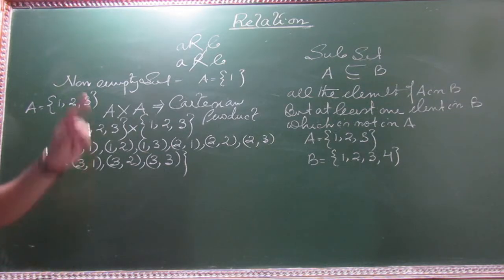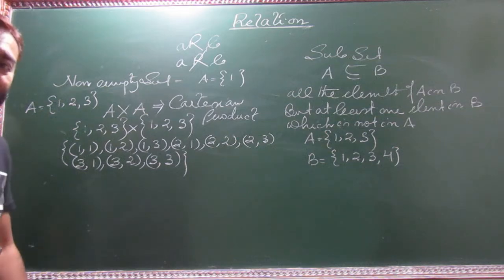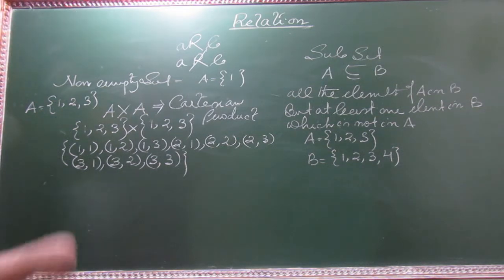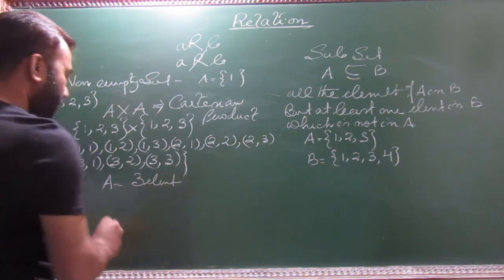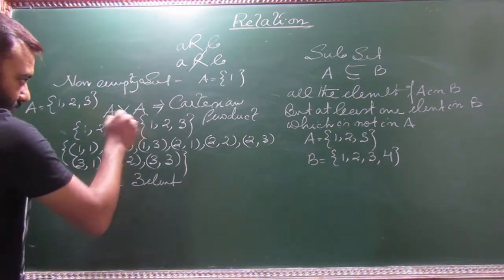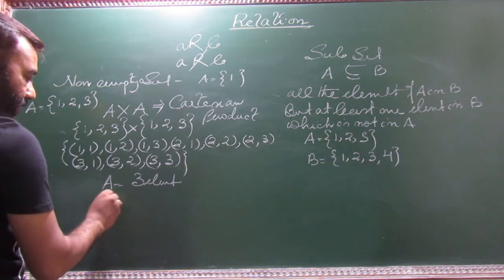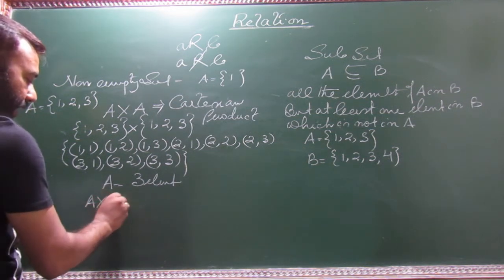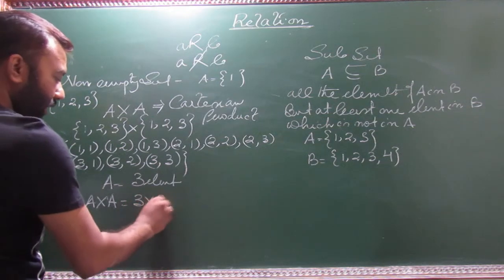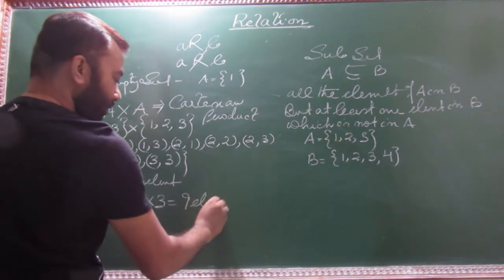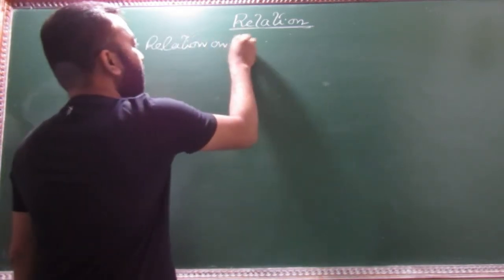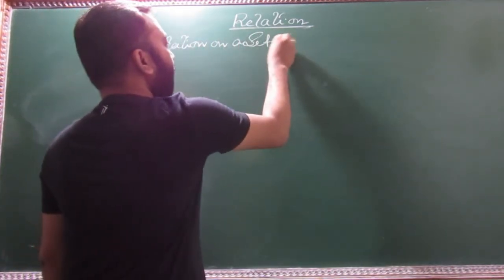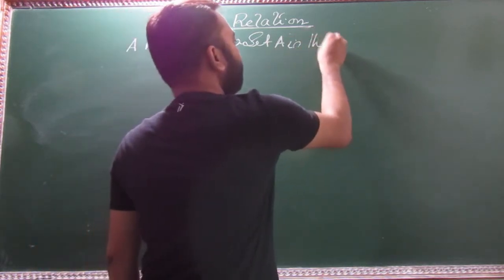And in 11th class there is a formula for finding the number of elements in the Cartesian product. If A has 3 elements and the other also has 3 elements, then A cross A has 3 into 3 is equal to 9 elements. 1, 2, 3, 4, 5, 6, 7, 8, 9.